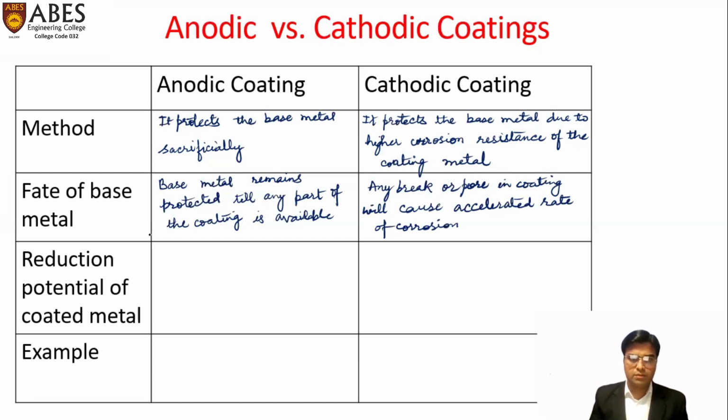In case of anodic coating, the reduction potential of the coated metal is lower than that of the base metal.